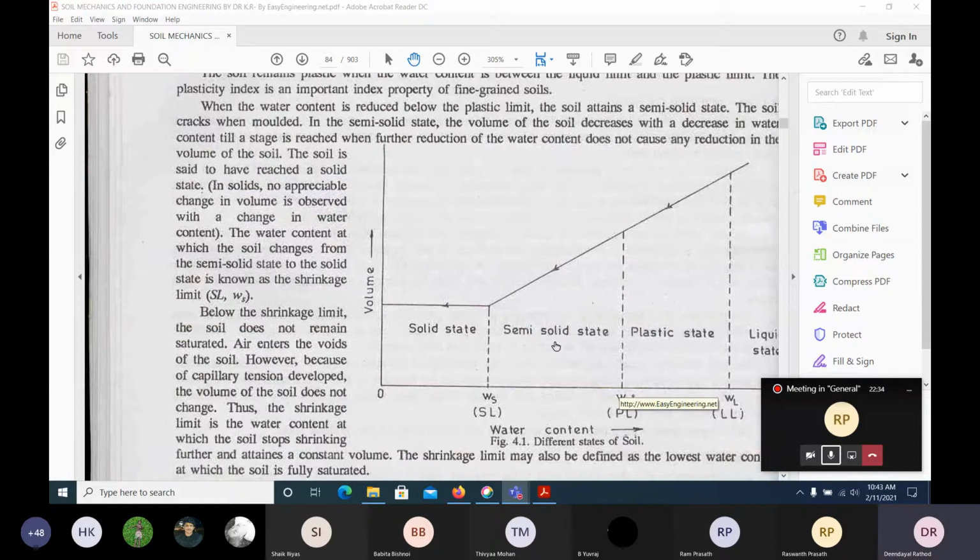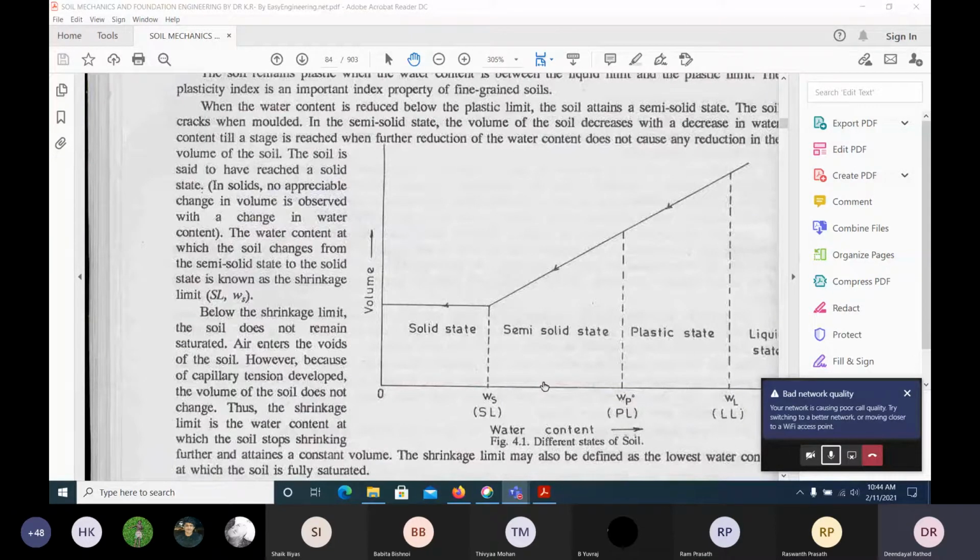The water content from plastic state to semi-solid state is the plastic limit. This is the liquid limit; from plastic to semi-solid, we call it the plastic limit. It can be PL or WP. W because it is water content, so WL for liquid limit and WP for plastic limit.